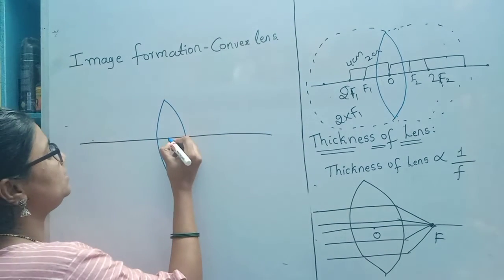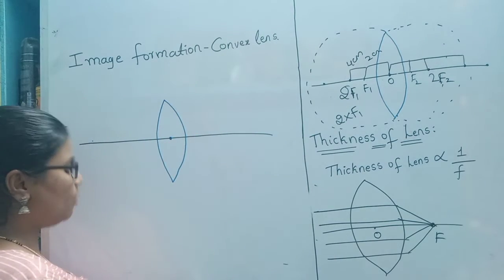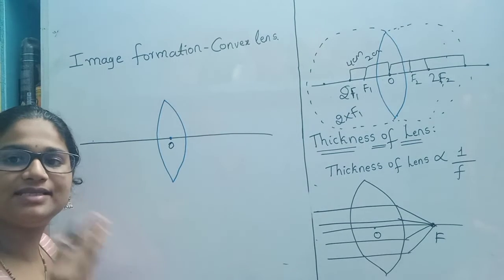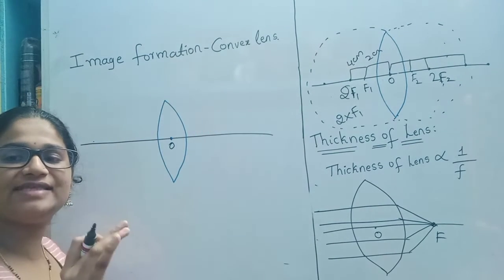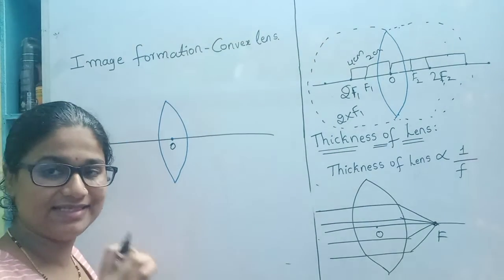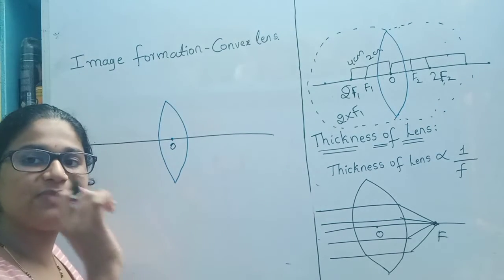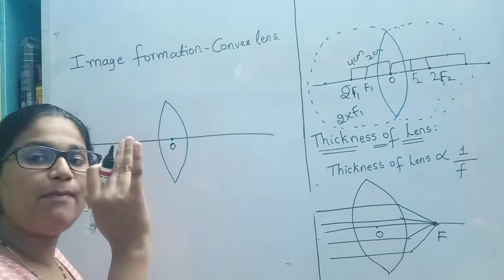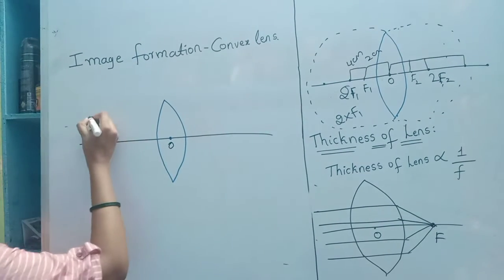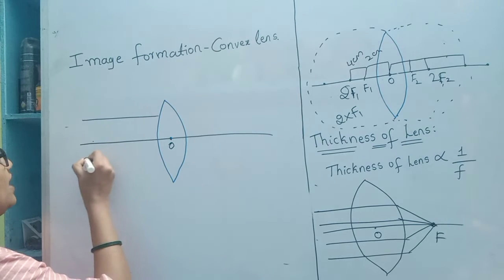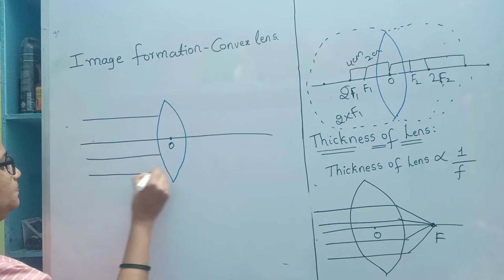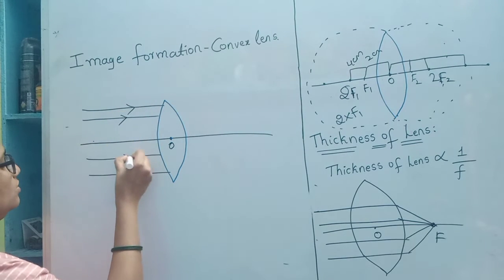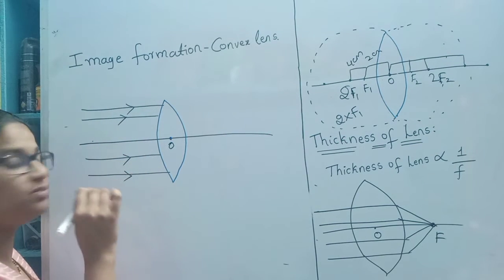Let us label the optic center as O, and let us consider an object placed at an infinite distance, and it is sending a parallel beam of light. So we are getting a parallel beam of light from an object placed at an infinite distance from the lens.